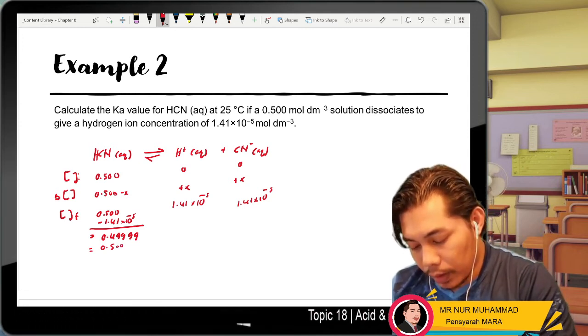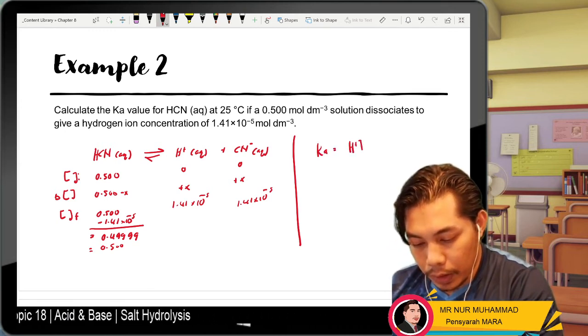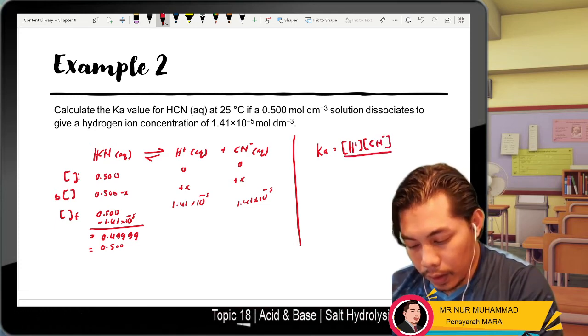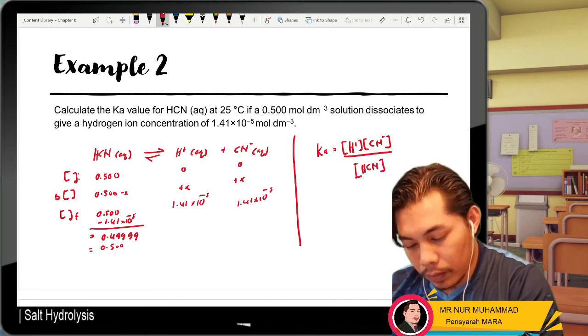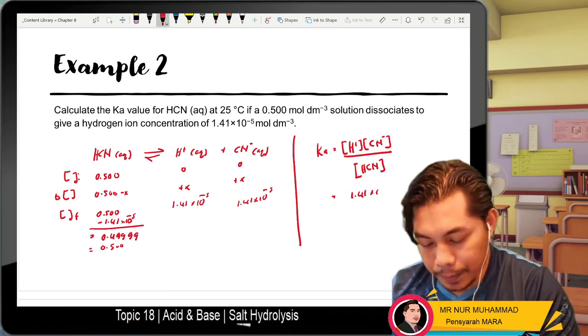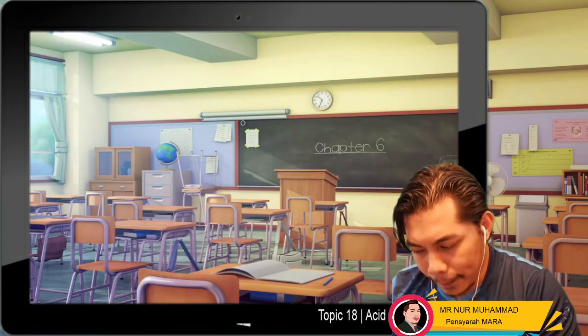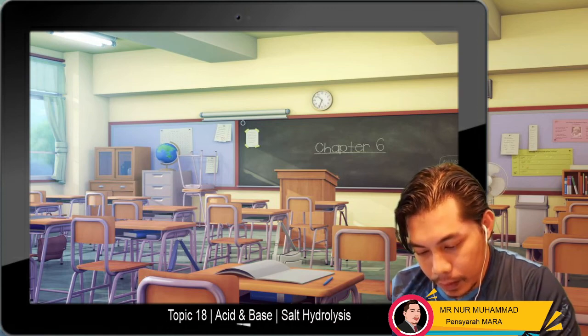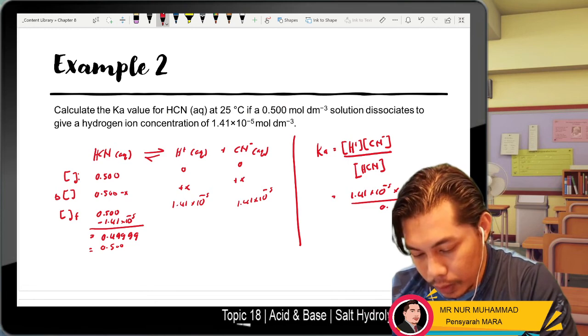Alright, so what is your Ka? Your Ka is equal to H plus times the concentration of CN minus, divided by the concentration of HCN. So 1.41 times 10 negative 5 squared, divided by 0.500.